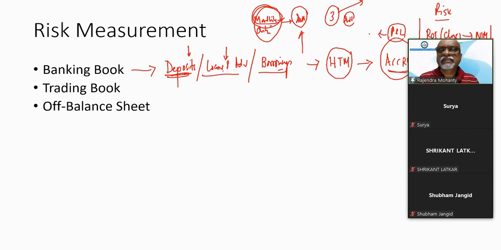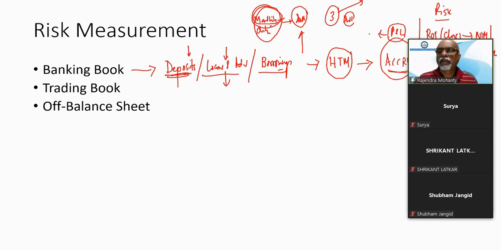Okay. Since loans and advances are there, there might be credit risk also. There is default risk. And definitely there is operational risk. Operational risk is always there, everywhere.